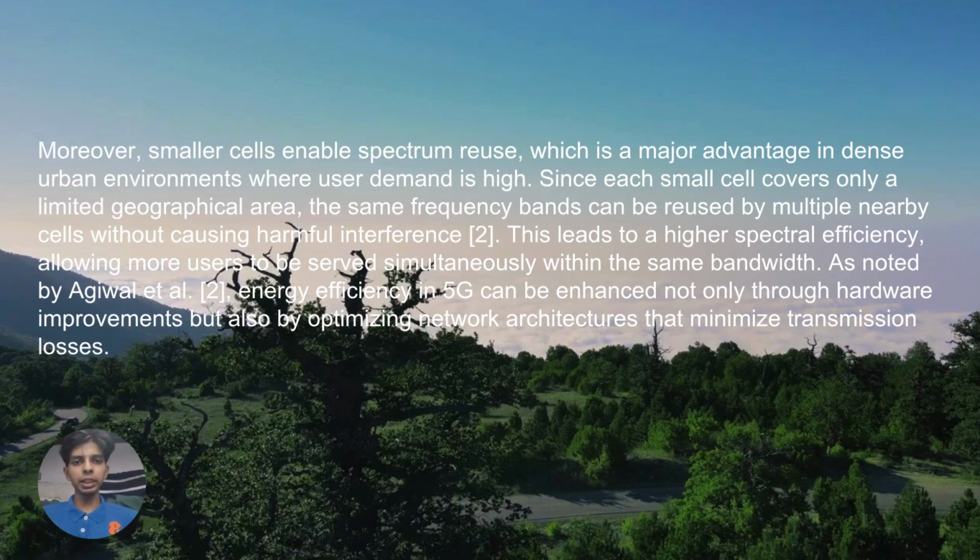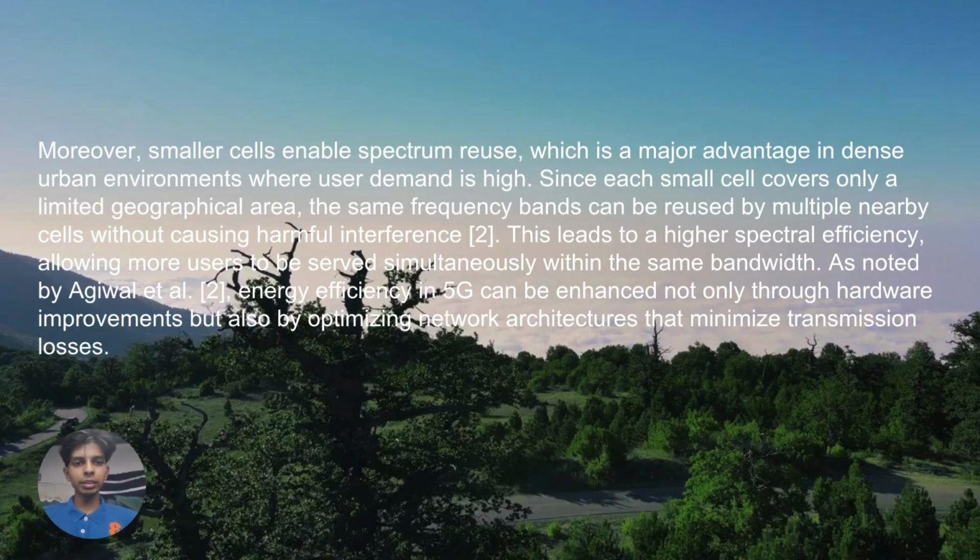Moreover, small cells enable spectrum reuse, which is a major advantage in dense urban environments where user demand is high. Since each smaller cell covers only a limited geographical area, the same frequency band can be reused by multiple nearby cells without causing harmful interference.